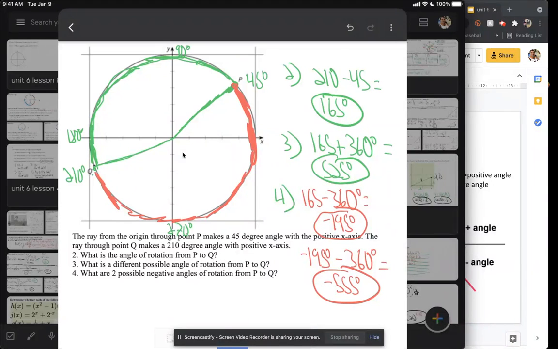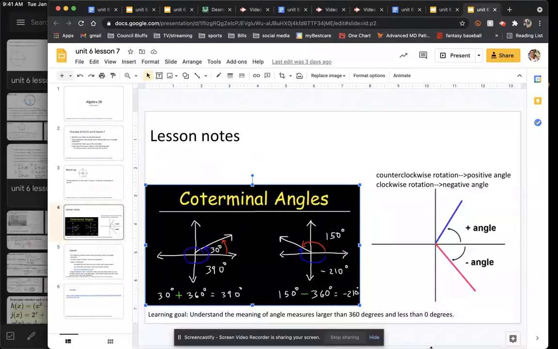So that would be a second possible negative angle of rotation, because that would be taking P, going all the way around the circle once, and then going an additional 195 degrees. So what are two possible negative angles of rotation from P to Q? Negative 195 and negative 555. And that right here is it for lesson 7.